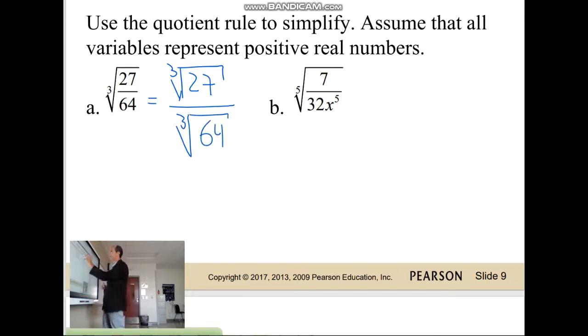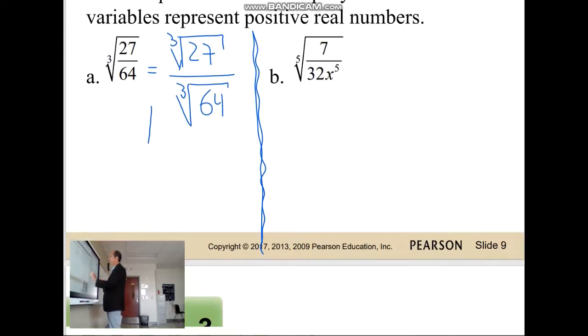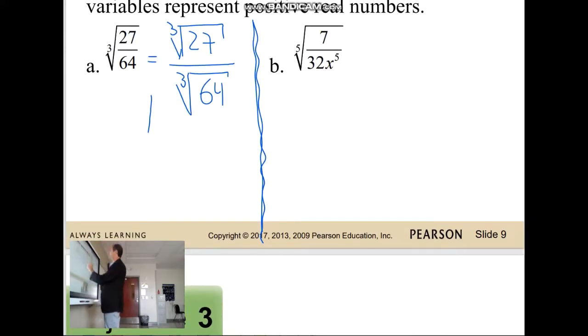Let's split the screen here. I'm going to solve A on this half of the screen. You know that the cube root of 27 is 3. 3 times 3, 9, times 3, 27.